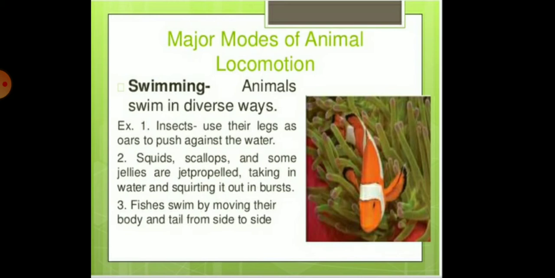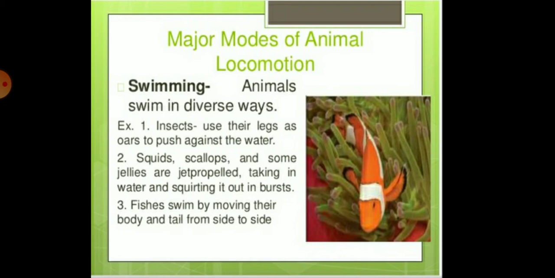Quickly the body and the tail curve to the other side. This produces a jerk and pushes the body forward. A series of such quick jerks makes the fish swim forward. The streamlined body shape offers the least resistance to forward movement through the water.